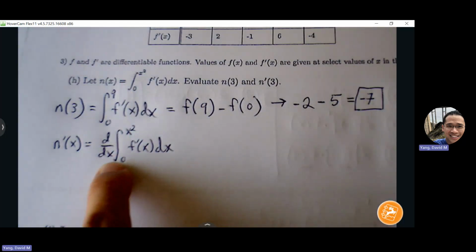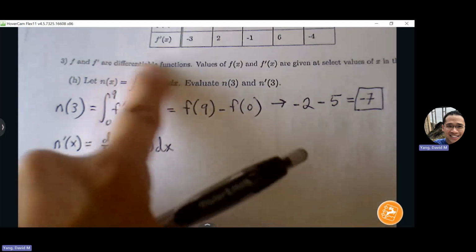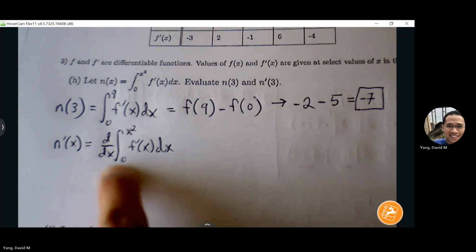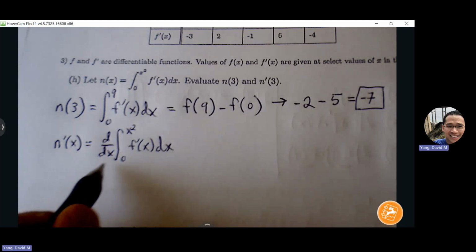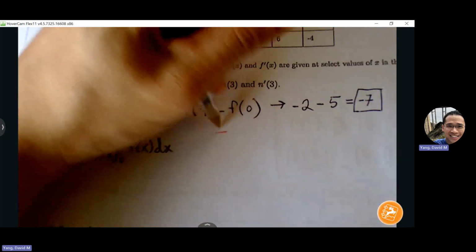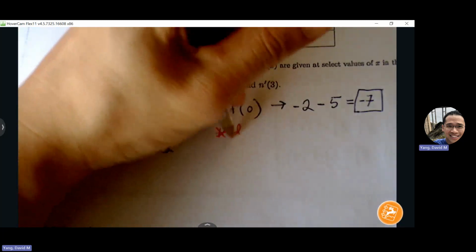What does that remind you of? I want to find the derivative of this mess. Yeah, the second theorem, right? So let me put second theorem here just so we can match up our steps here.